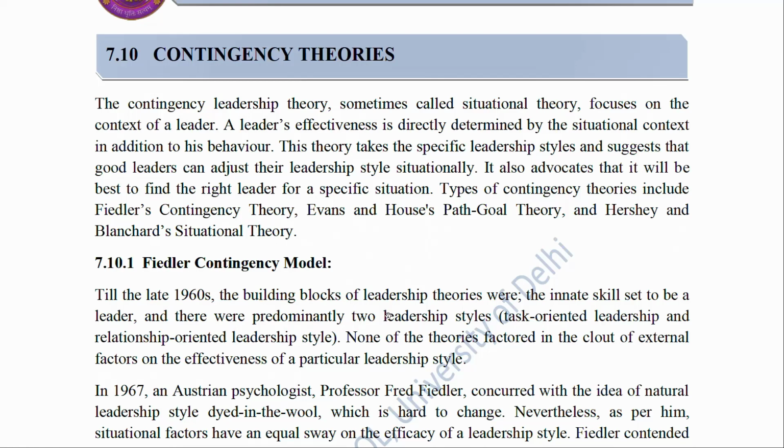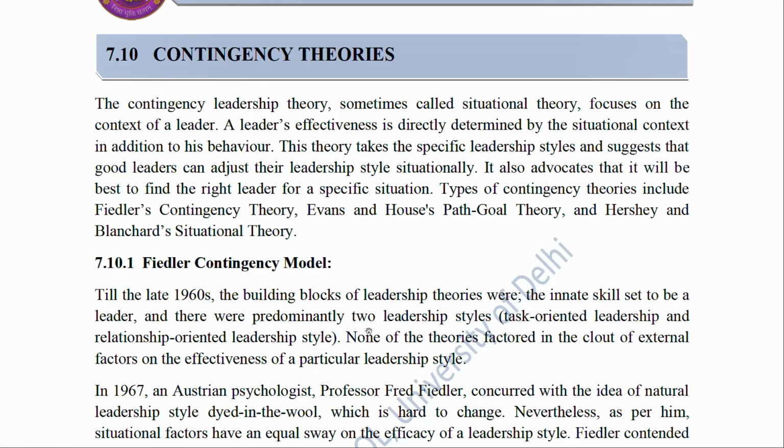It also advocates that it will be best to find the right leader for a specific situation. Types of contingency theories include Fiedler's contingency theory, Evans and House's path-goal theory, and Hersey and Blanchard's situational theory.